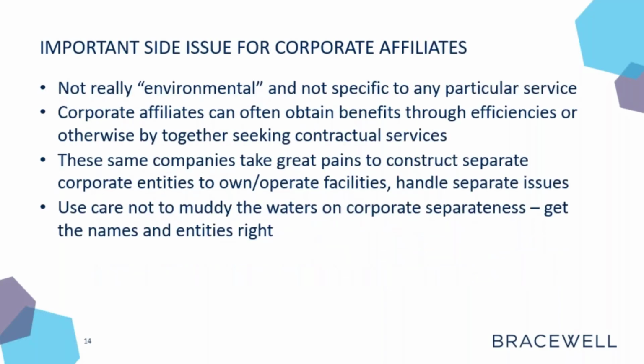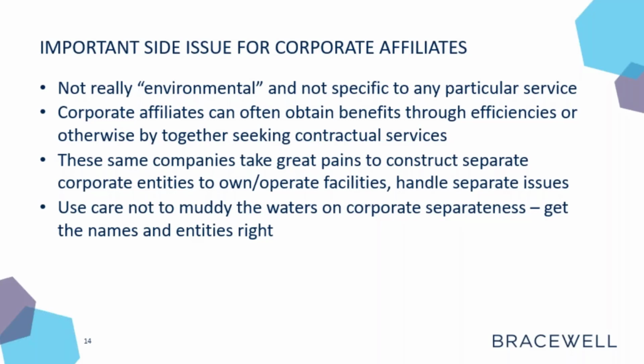As an important side issue, this isn't environmental per se, but so many companies are built around a series of affiliations, different subsidiaries, different corporate affiliates, all part of a larger corporate parent, but individually delineated out into individual corporate entities to avoid the mixing of liabilities between them.